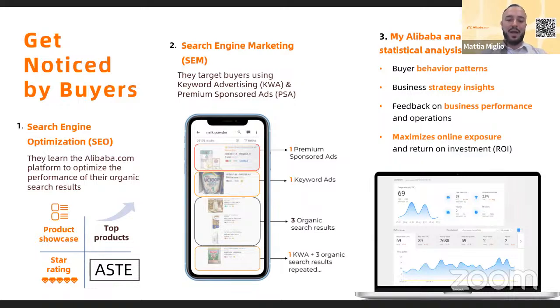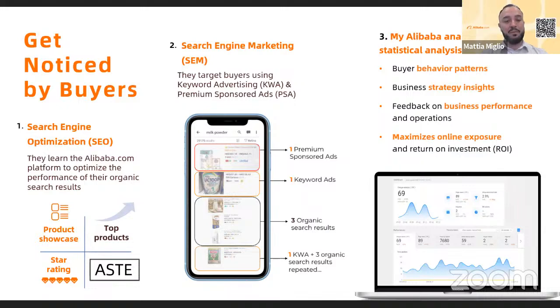We have different advertising tools like the premium sponsor ads, the keywords ads, and the smart marketing campaigns. All these advertising tools will support your company to gain visibility in our platform.